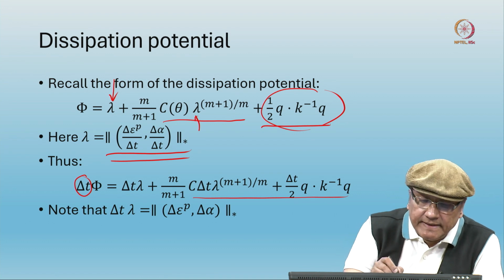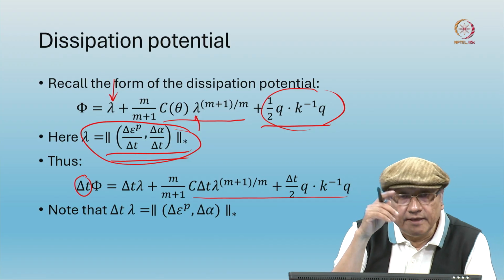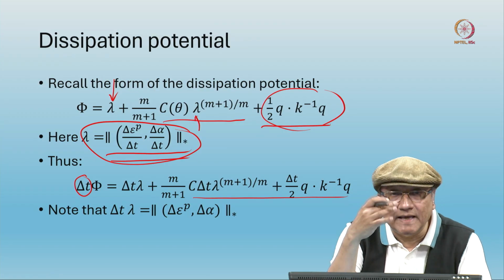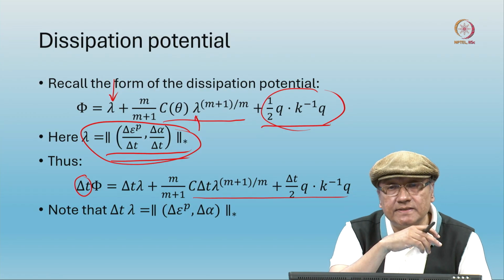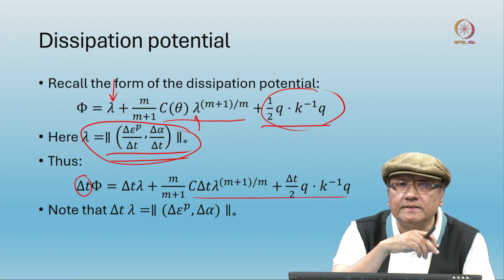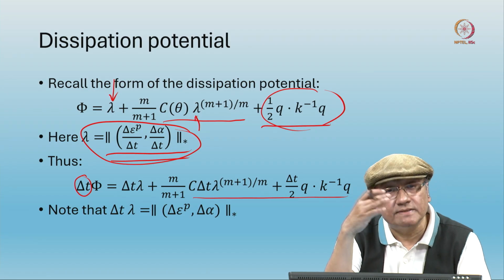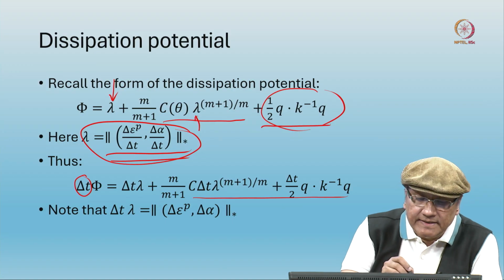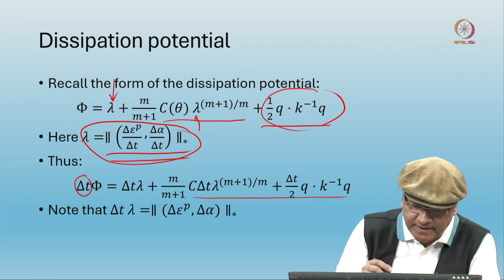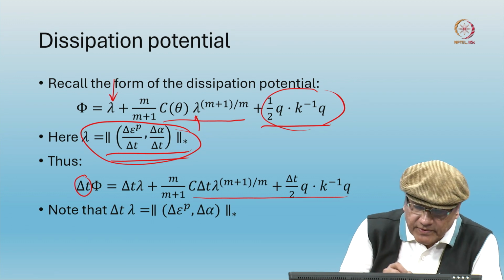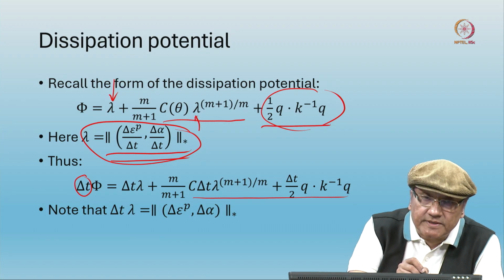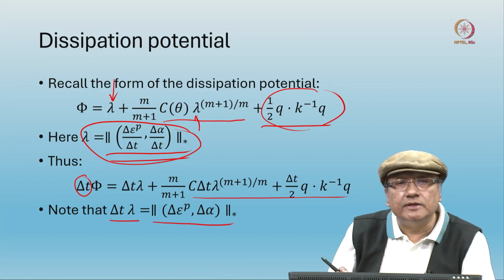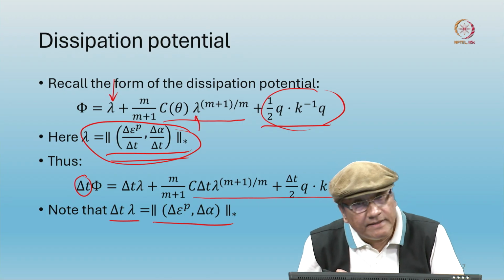Given the degree 1 homogeneous structure of lambda, as you recall from when we discussed rate independent plasticity, this delta t factor comes out as 1 by delta t, so you can multiply lambda by delta t and write it as just the norm of the increment of epsilon p and the increment of alpha.